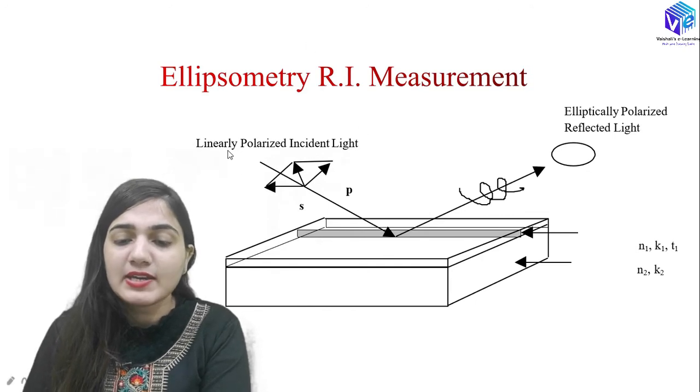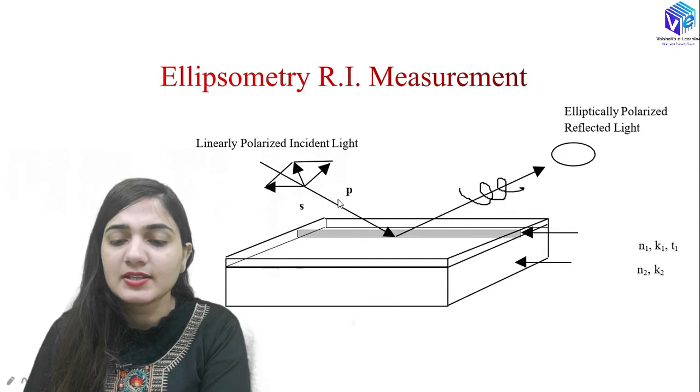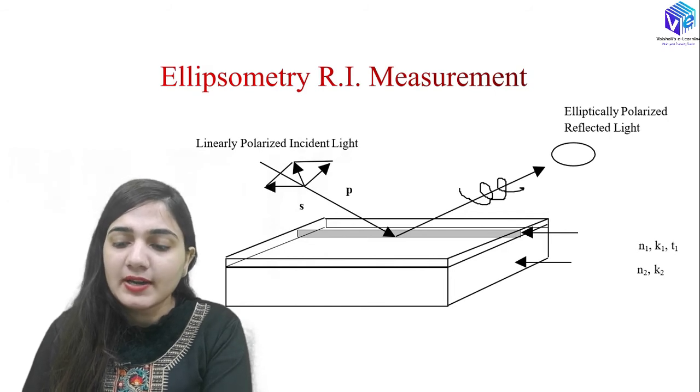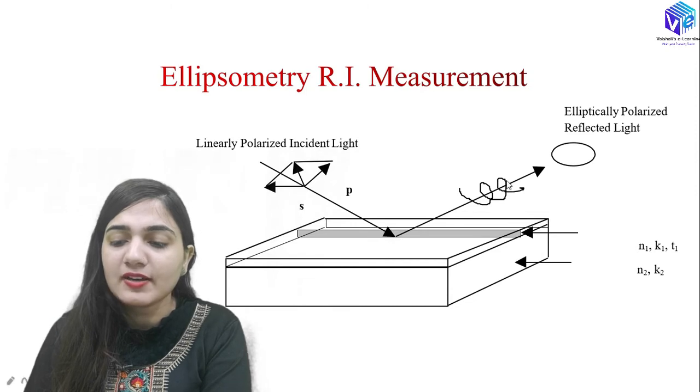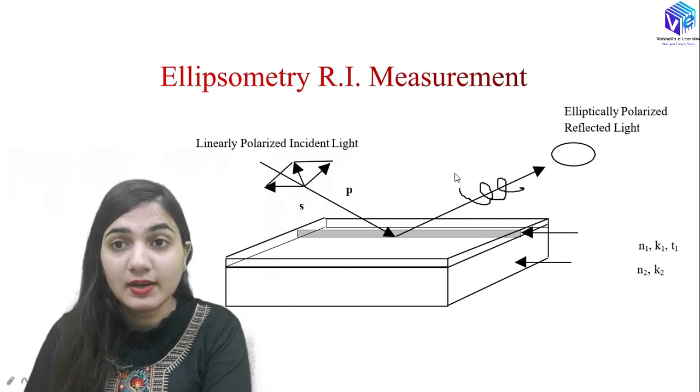If I send linearly polarized incident light towards the wafer, it is incident on the wafer at a particular angle. Some of it will get refracted and some of it will get reflected. If I look only at the reflected light, it will be converted into elliptically polarized light.